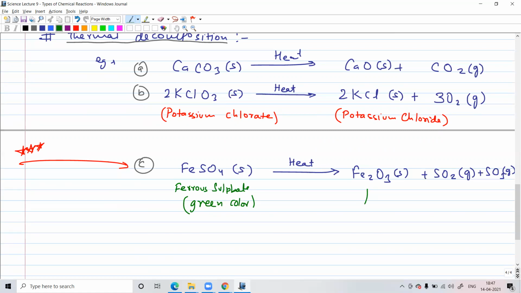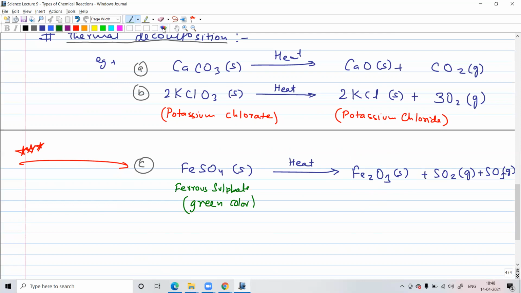And this one, remember guys, what is the name for this one? Anyone remembers the name for this compound? Ferric oxide, sir. Yes, very good. This compound is ferric oxide.